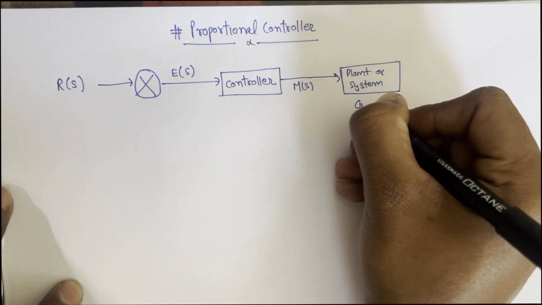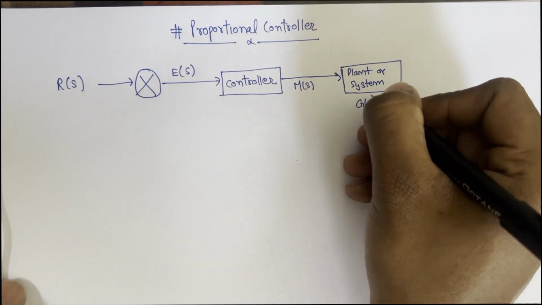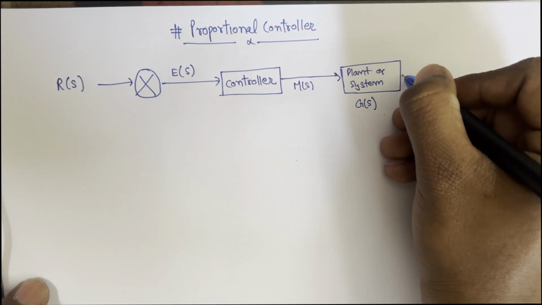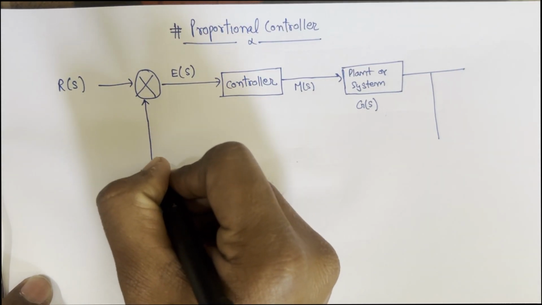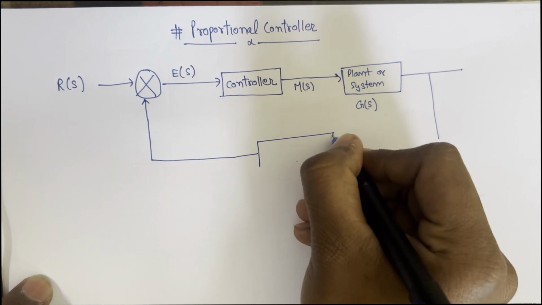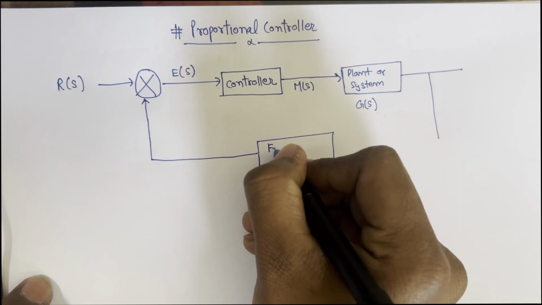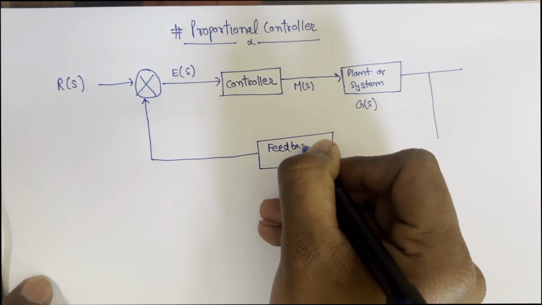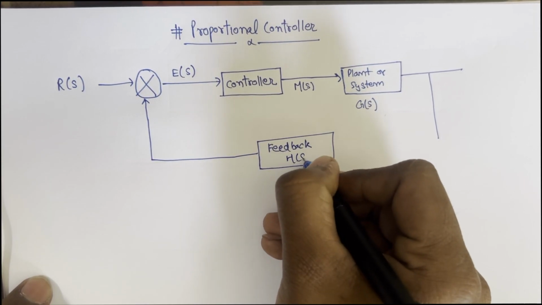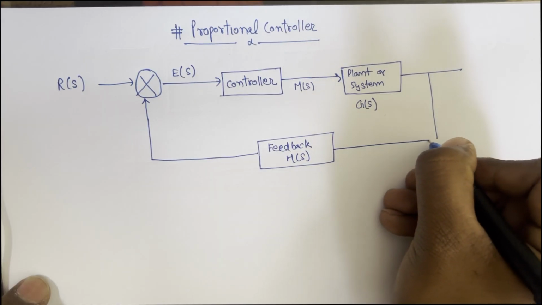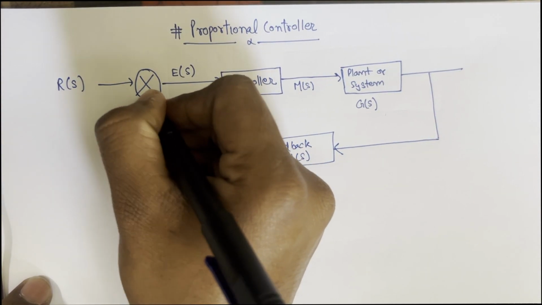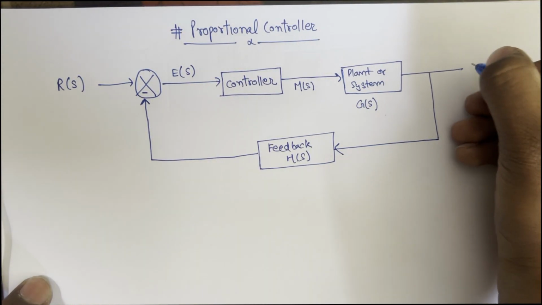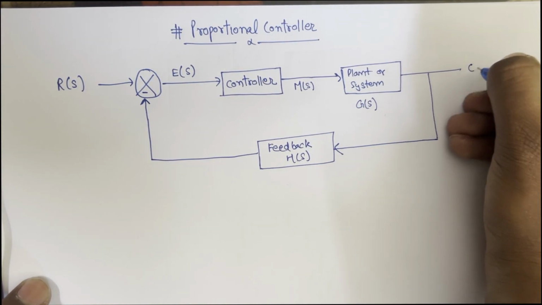We represent it as G(s), and then we have a feedback path, the output goes into the feedback, which further goes into the summing block, and here is our output C(s).